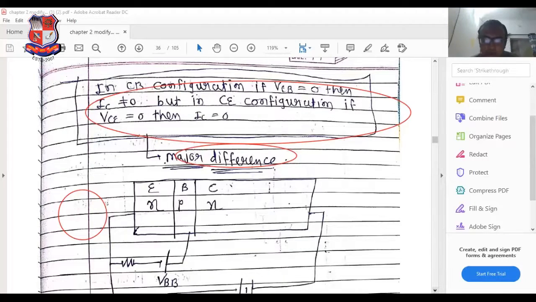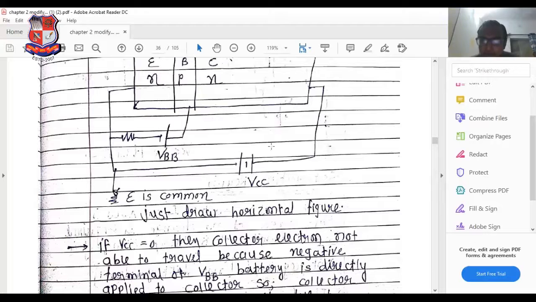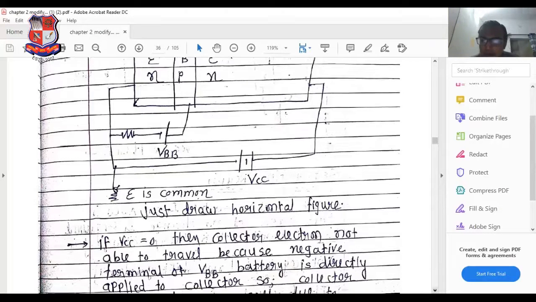Now see this. The emitter is common, due to this negative potential. Due to this negative potential directly applied to the collector, if VCC equal to 0, then collector current is 0.